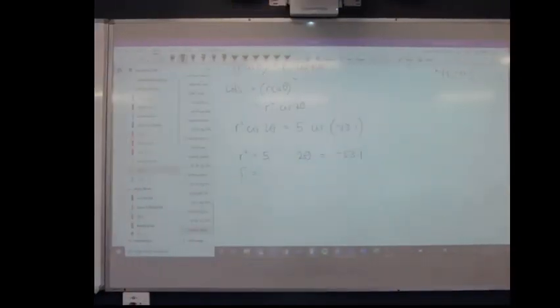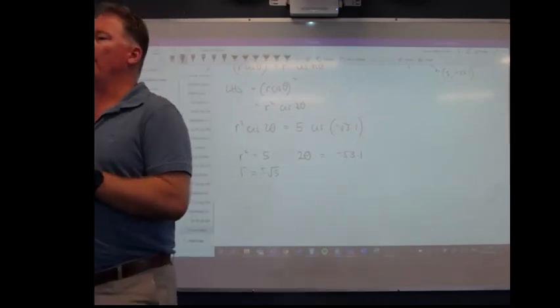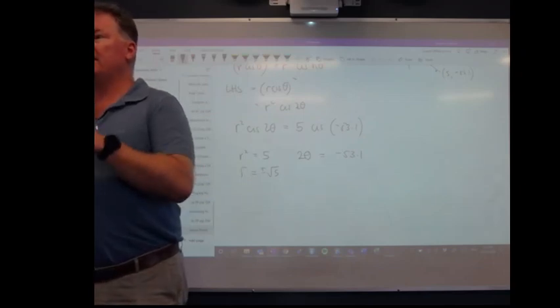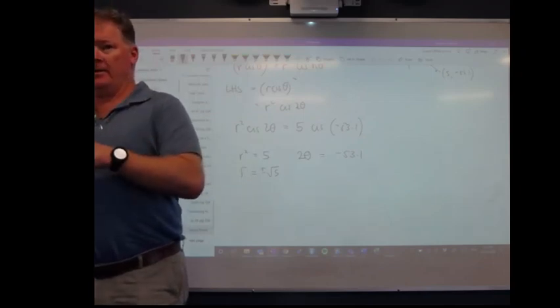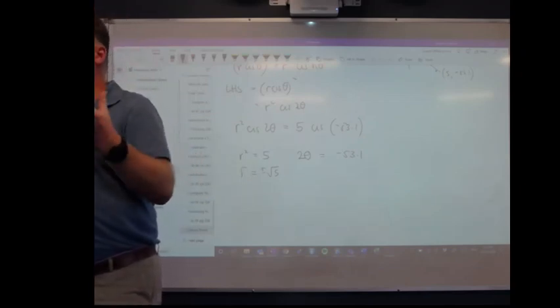So now normally what would we write as a solution here? Plus or minus root 5. That would normally be the case, is that correct? But in this context, what does r represent? The distance from the origin. So in this context, we don't worry about the negative one.